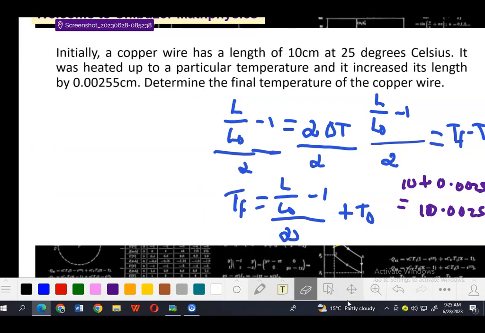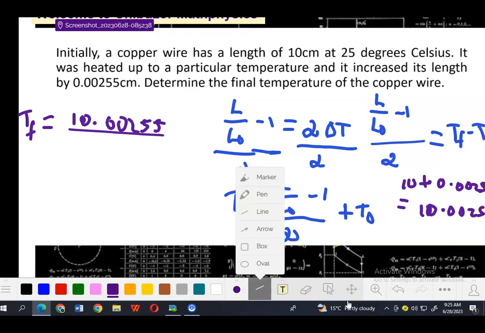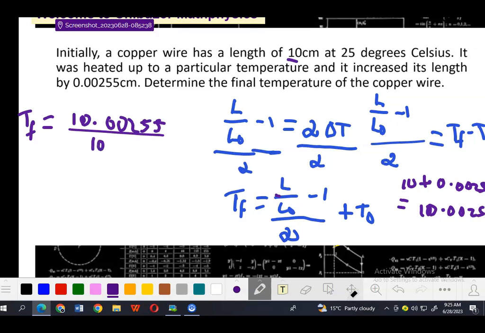Our T final is going to be the final length, 10.00255, divided by the initial length, and we know the initial length is given as 10, so it is divided by 10.